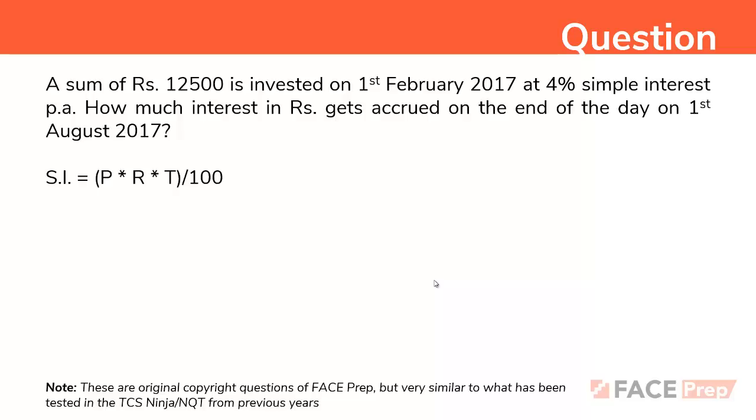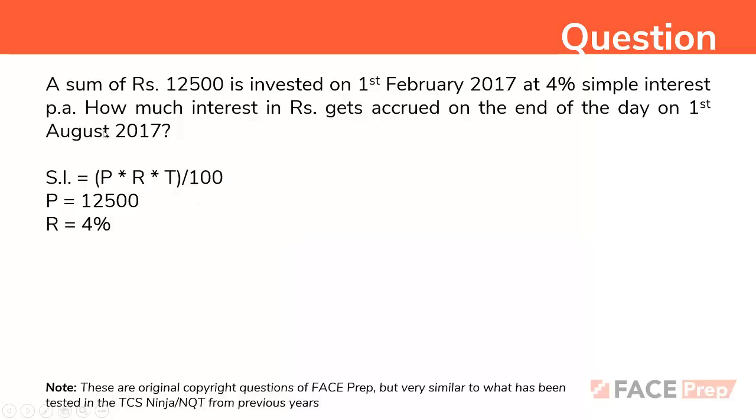So let's apply this formula and put in the values. P is 12,500. R is 4%. And what will T be? Well, T will be 6. Most of you will say yes, but just to keep you informed, the T value here will be 6 by 12 because we are calculating the rate per annum.